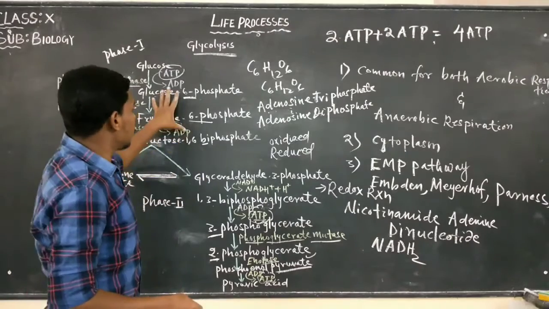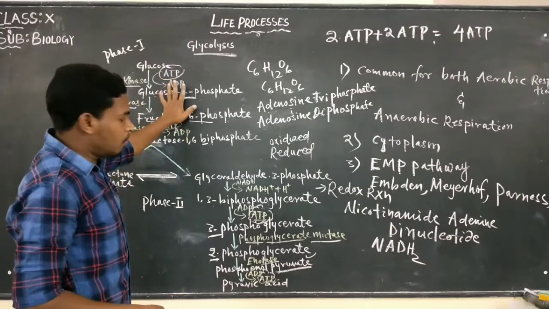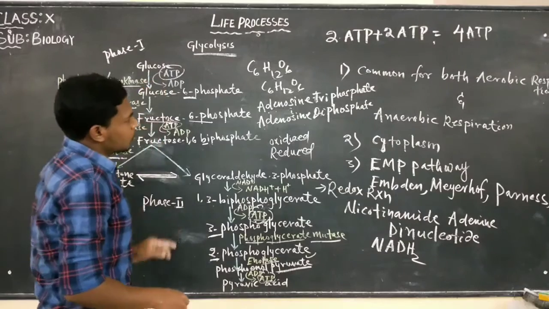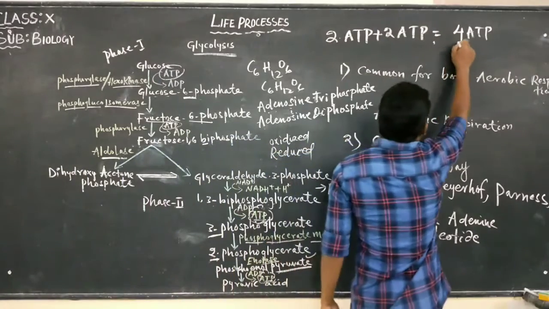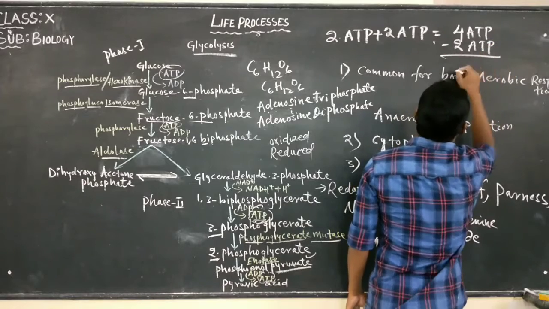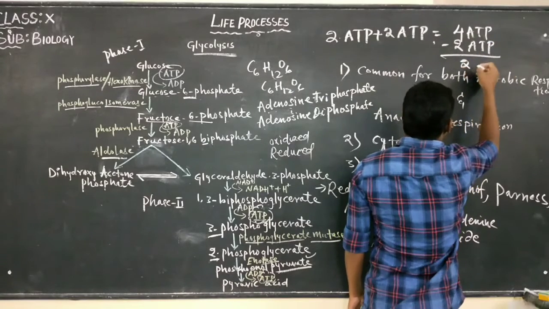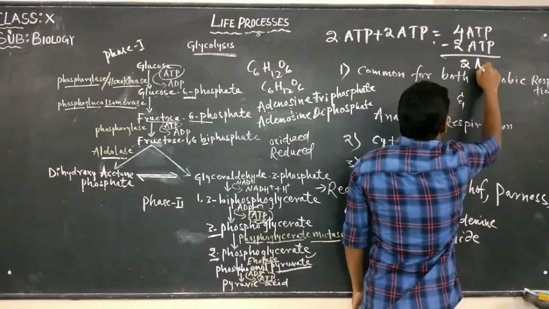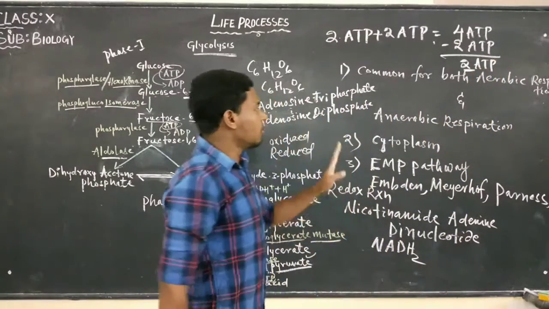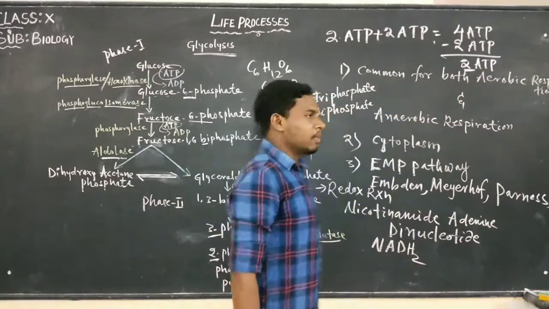This is the utilization process and this is the synthesis process, right? So 2 ATP we have used, so we have to minus 2 ATP. That means how many ATP will we get? 2 ATP is the final ATP. That means the net amount of ATP is 2 ATP.